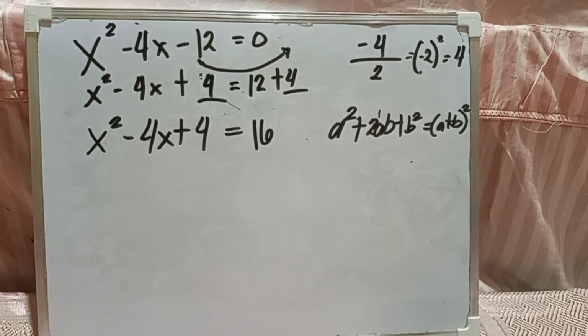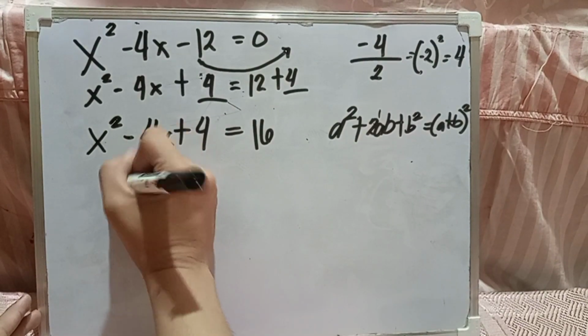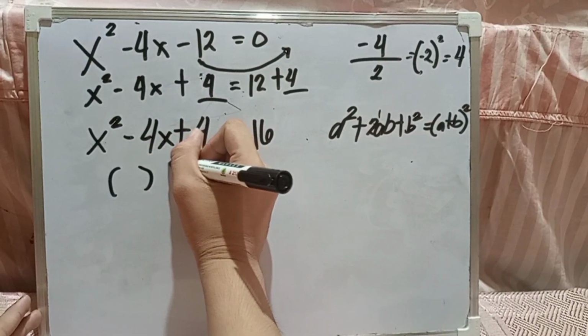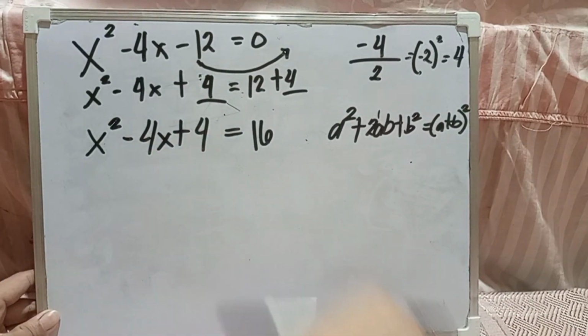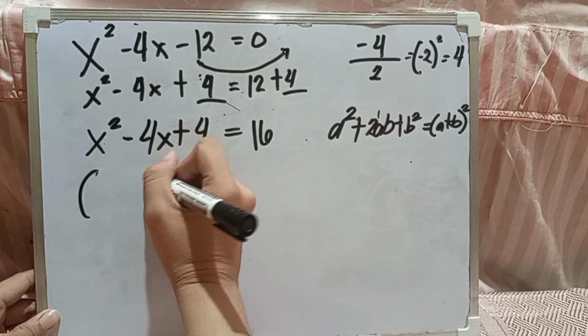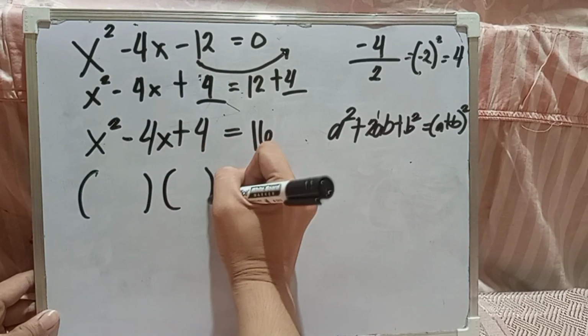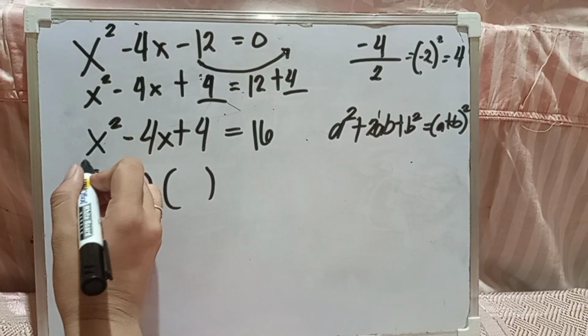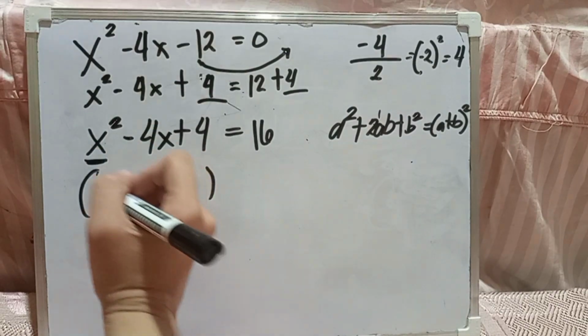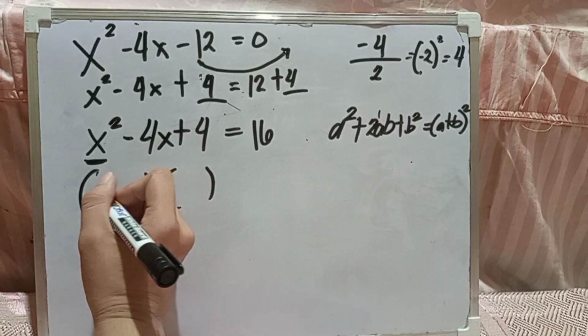So how do we do it? First, we need to prepare two parentheses. Then take the first term, which is x. The square root of x squared is x.